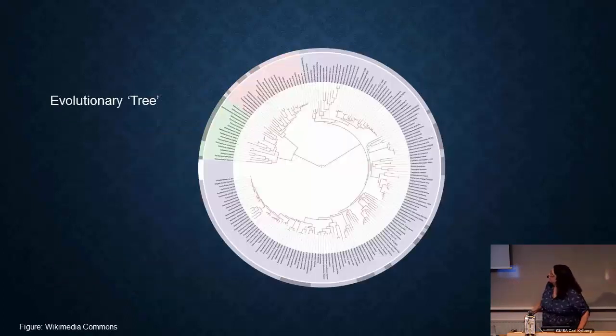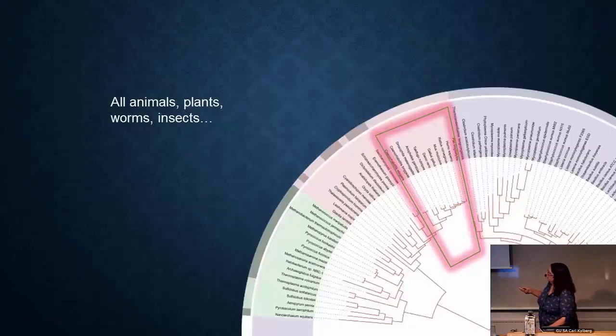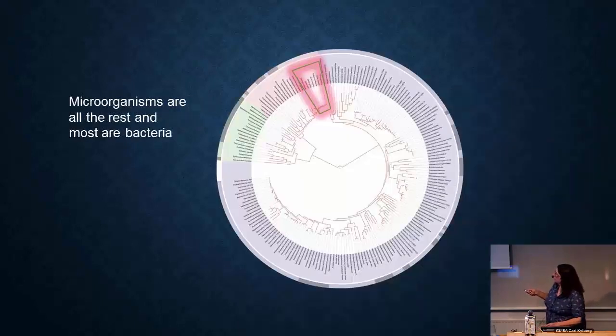This shows an evolutionary tree, and I know you can't see the details of this, but this shows all the organisms on Earth, all the different classes of organisms. If we zoom in, that part of the tree includes all animals, plants, worms, and insects. All the rest are microorganisms.